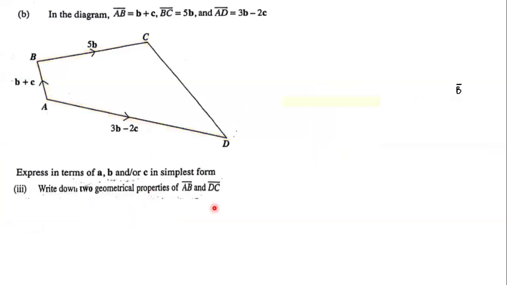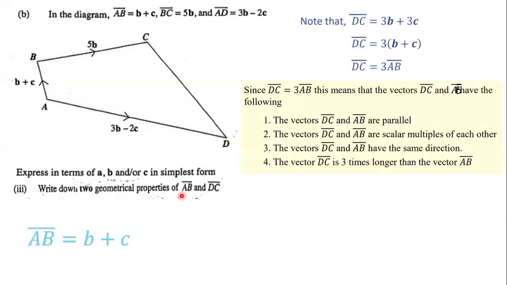Okay, next, they want us to write 2 geometrical properties of vector AB and DC. Now, what is vector DC? Like we saw in the previous question, vector DC is equal to 3B plus 3C. And if we factor it out, it gives us 3 open bracket B plus C. Now, what is B plus C?